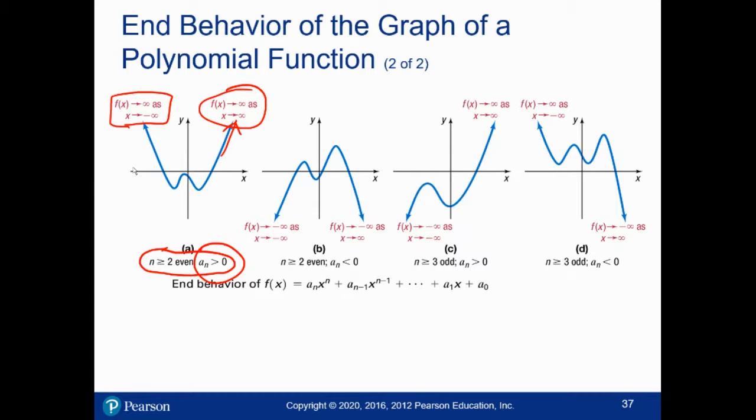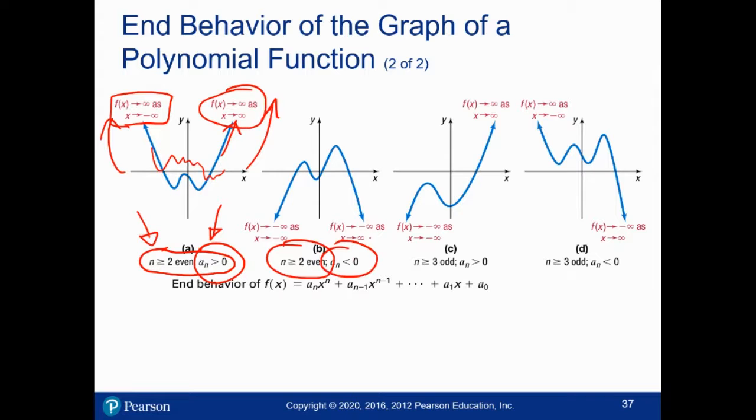A big number times itself 10 times is going to be way bigger than a big number times itself 4 times. That's why, as x goes to infinity, it's really just that single largest power of x that's controlling what's going on. So if you had an even power and a positive coefficient, while it could do weird stuff in between, eventually it's going to go to infinity on both sides.